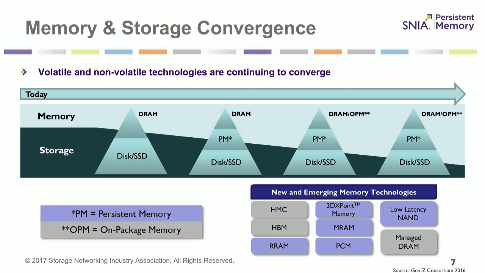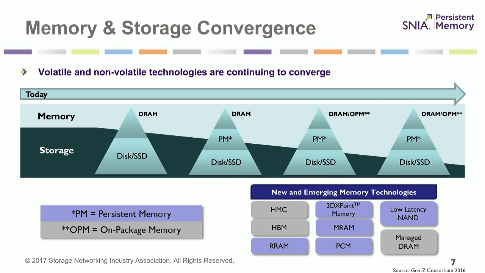And then moving forward in time, what we're going to see, and in fact, many vendors in the industry are already working on, is what we call on-package memory, or OPM for short, which means that memory resources and processing resources would literally be in the same physical package. So you might see this in the form of ASICs or FPGAs or other non-types of CPU processors, but you would also begin to see it in CPUs.